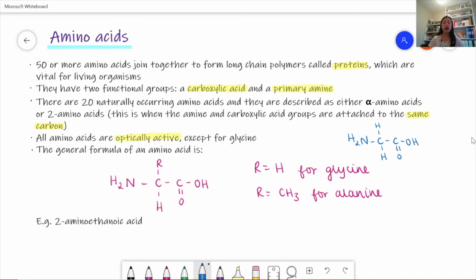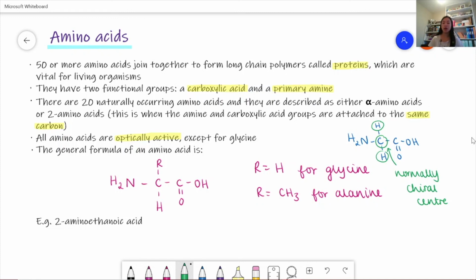And so this carbon here, which is normally the chiral center if we were looking at other amino acids, it's not a chiral center here because we have two hydrogens, so we have two of the same group on this carbon, and so we don't have four different substituents, and so we don't get optical isomerism.